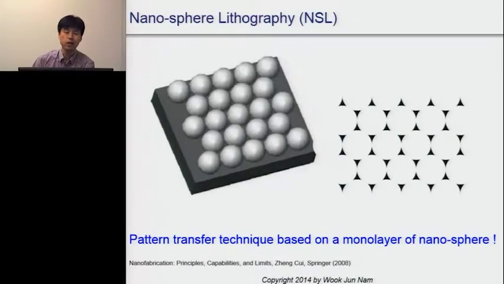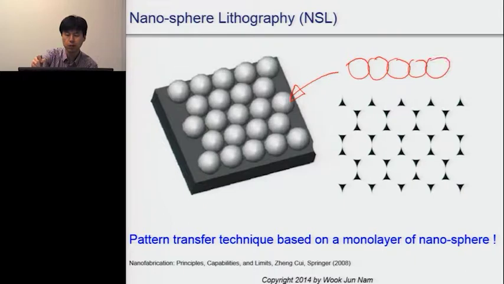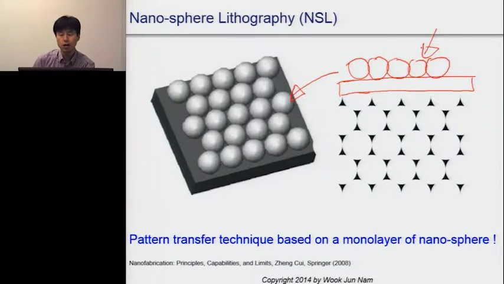So this is nanosphere lithography, which we will talk about in a couple of lectures later. Basically, to perform nanosphere lithography successfully, we should first be able to form one nice monolayer of nanospheres. One of the best ways to form a nice monolayer of the nanospheres is to modify the surface of the substrate.